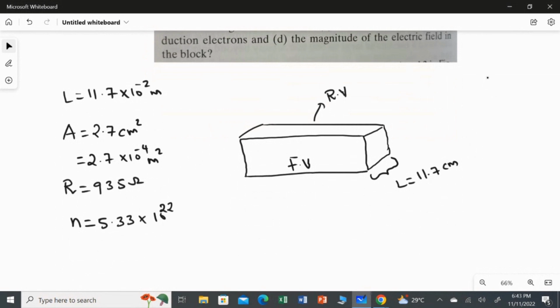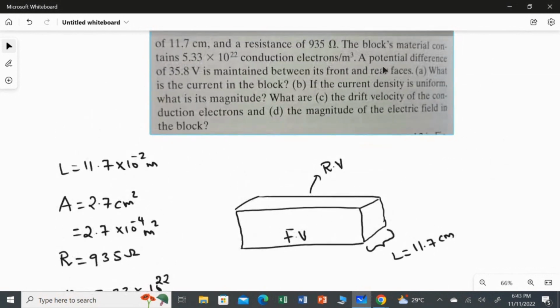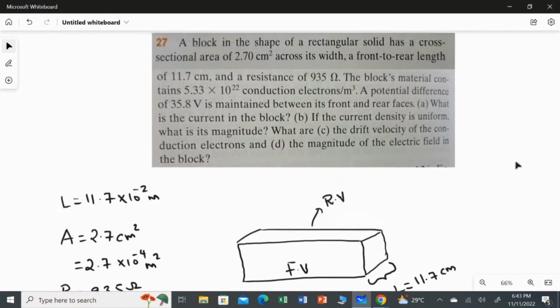That means in this volume, this rectangular block, there are 5.33 multiplied by 10 power 22 conduction electrons. Okay, and what else do they give? A potential difference of 35.8 volt is maintained between its front and rear face.